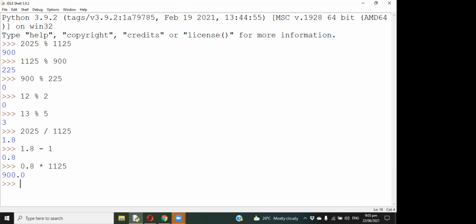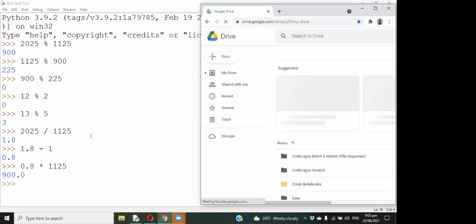But what we just did now does not apply to what we did for 13 modulus 5, 12 modulus 2. So for 12 modulus 2, we are saying there's no remainder if 2 goes into 12. For 13, we're having a remainder of 3 if 5 goes into 13.